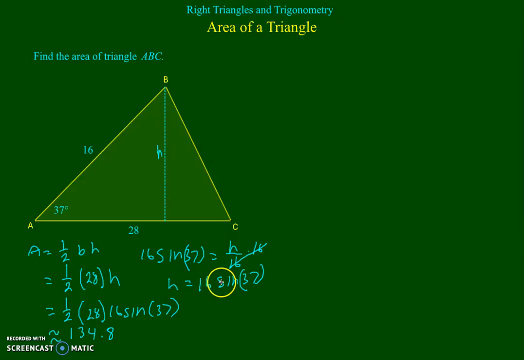And then we took that and substituted it into our equation for our area. So the area is 1/2 the base, which was 28, times the height, and this expression replaced the H, and then we just typed this into our calculator. Again, we didn't need any exact values or anything like that. We're looking for an approximation of the area to the desired precision. So let's, in the next part, go over another example.